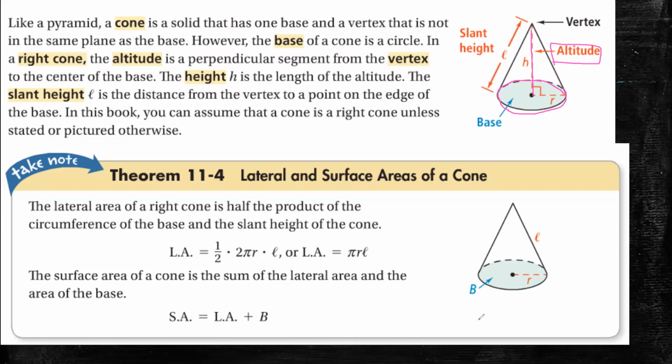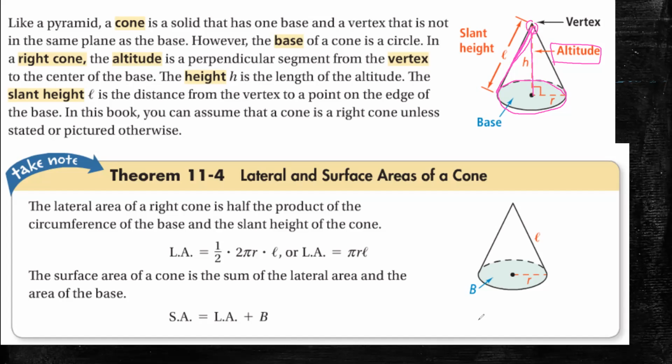And the length of the altitude of the lateral face is the slant height. And all the curves are meeting each other at one point. We call it a vertex.